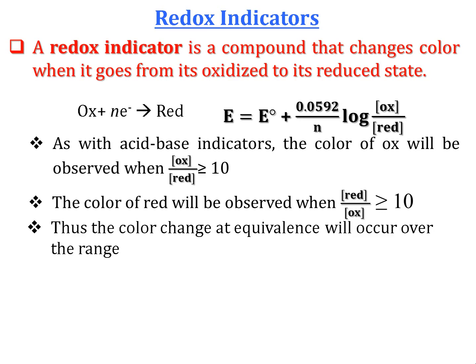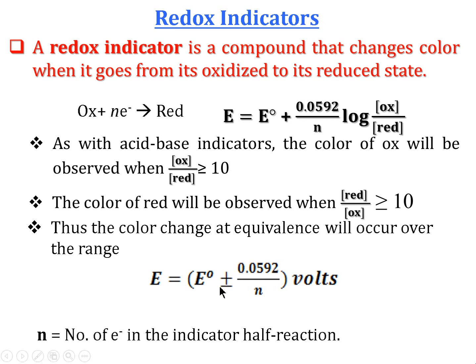So the color change at equivalence will occur over the range E equals E0 plus or minus 0.0592 divided by n in volt, where n is the number of electrons exchanged in the indicator half reaction. Or in other words, what is the best redox indicator that can be used?